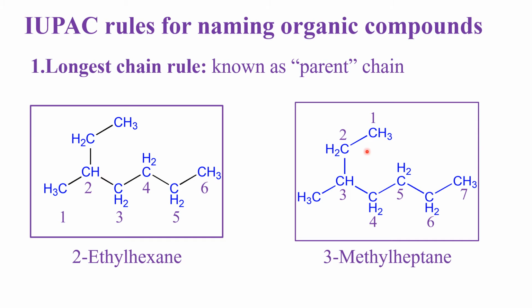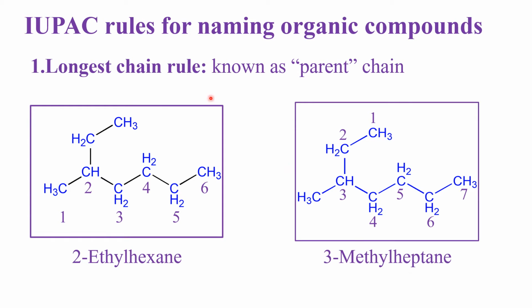Here the numbering was started from the topmost carbon and followed like this, and as per this the longest possible chain has 7 carbons, and so the name became 3-methyl heptane.